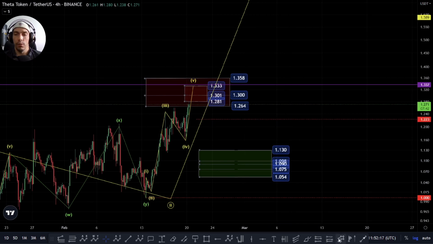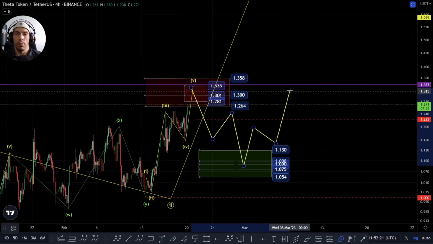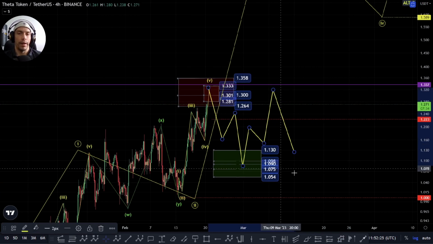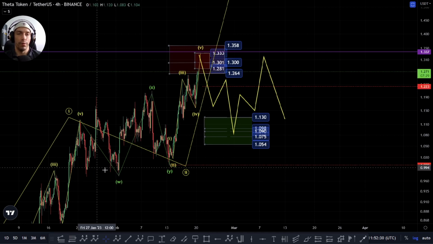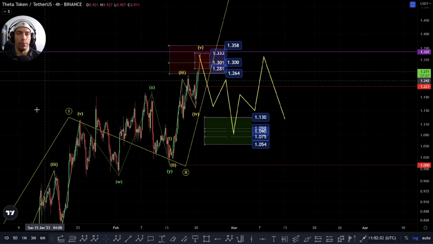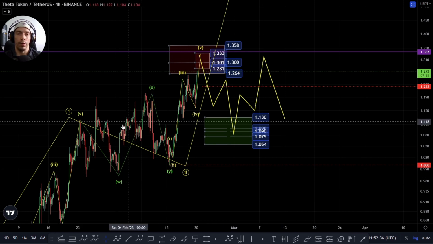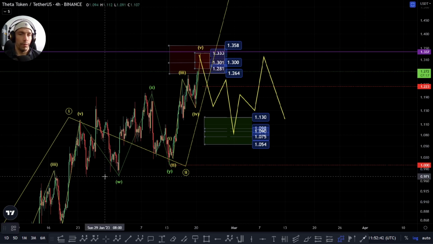If we do move down into this zone, and it starts just moving around sideways here, then it becomes less likely that that's the case, and then I would potentially still be looking at that possibility of this whole move here as a corrective structure, and then actually we are looking to break down the alternative, which I haven't put a lot of confidence into yet.